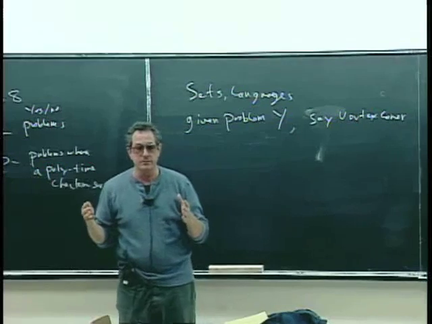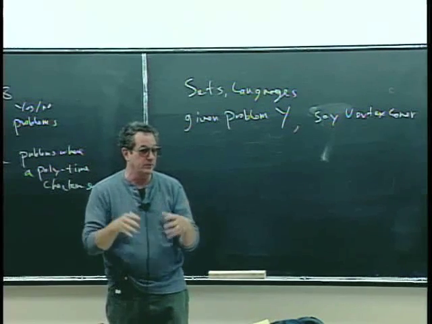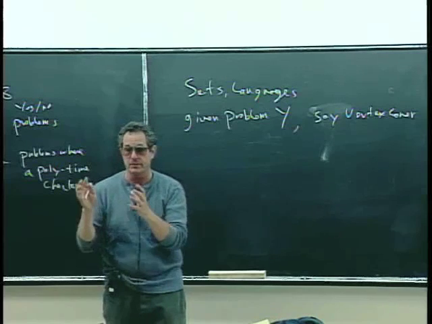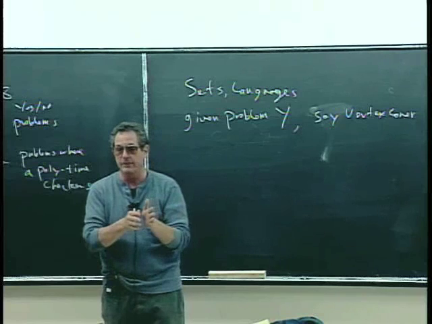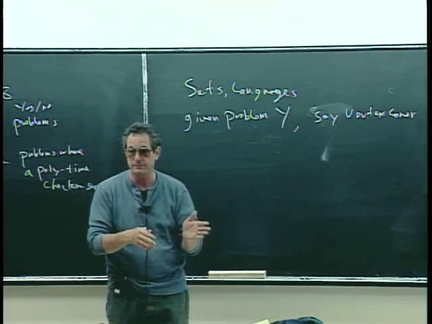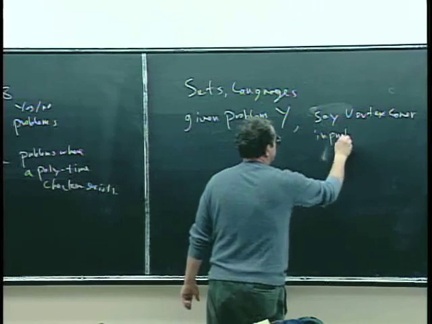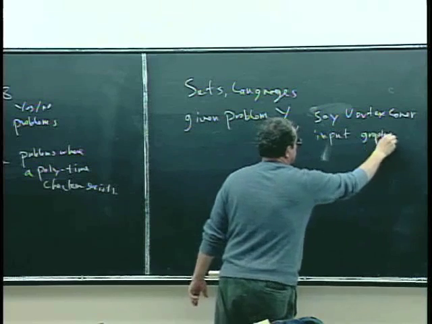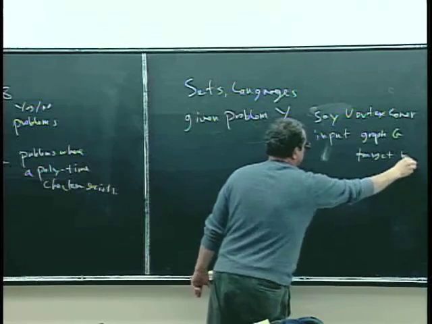And what are the instances of vertex cover? It's a graph along with a target. So an instance of vertex cover is a graph and then some particular number, which is a target. And the question is, is there a vertex cover of that size or smaller? So the input or instance is a graph G and a target, call it K.